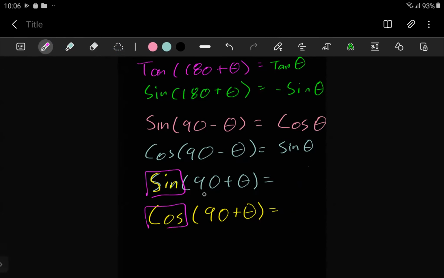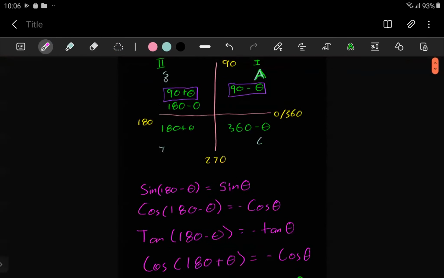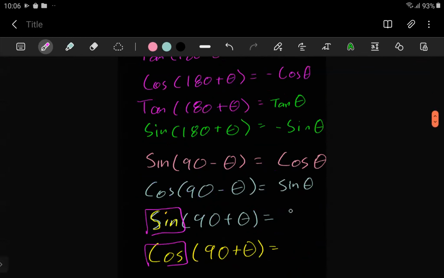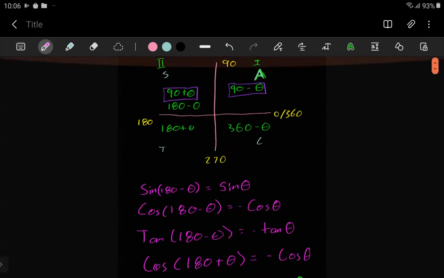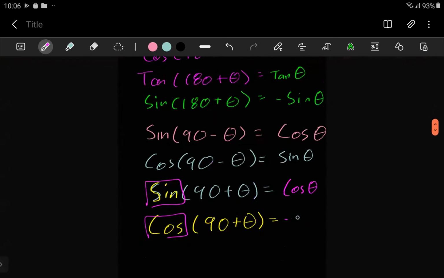So the sign in this quadrant is a plus. So here you're going to put positive cos theta. But then a cos in this quadrant is a minus. So you're going to put a minus here and then sine theta. So you do change them, but then you choose the sign based on where you're coming from. You see it.